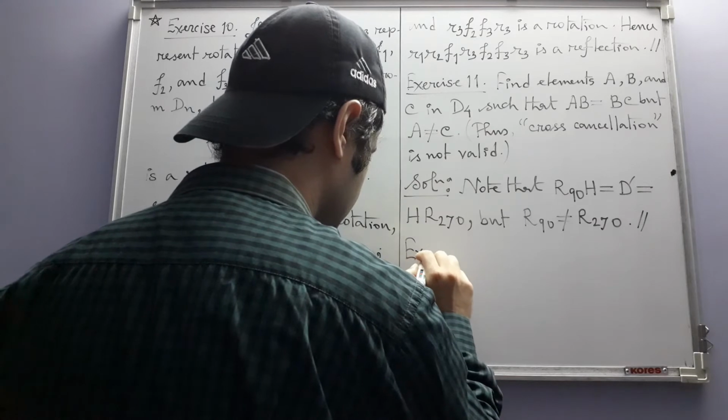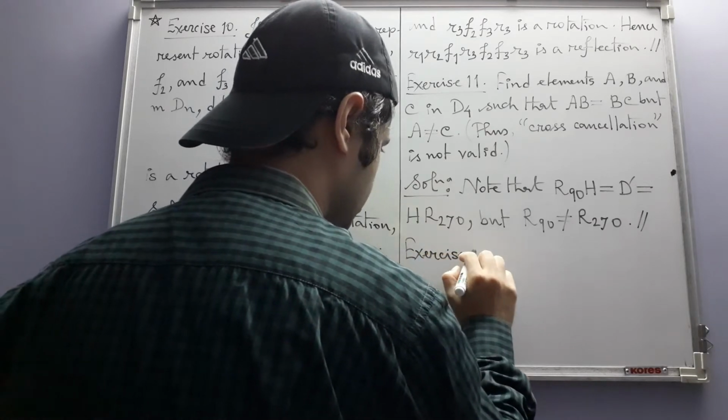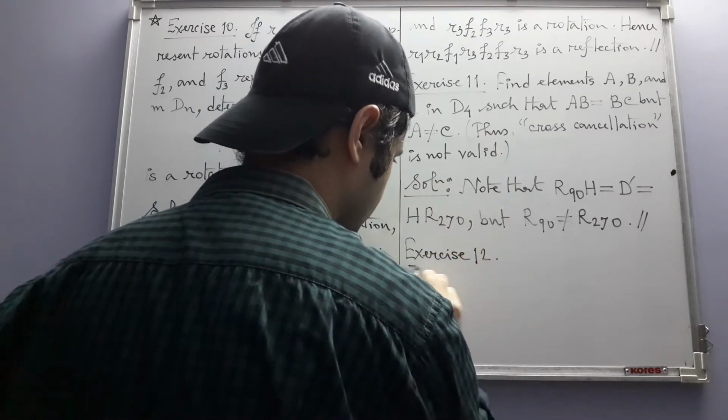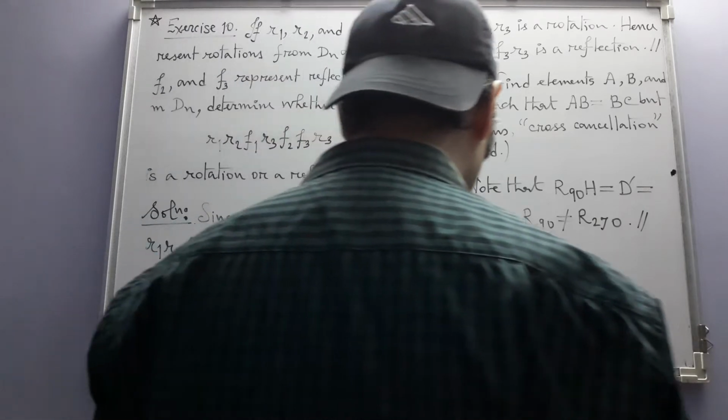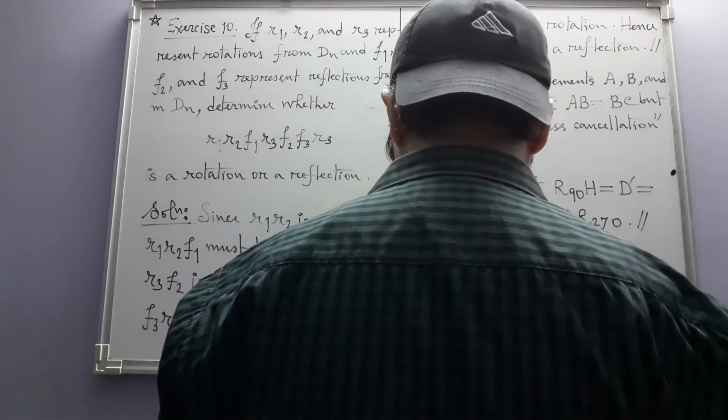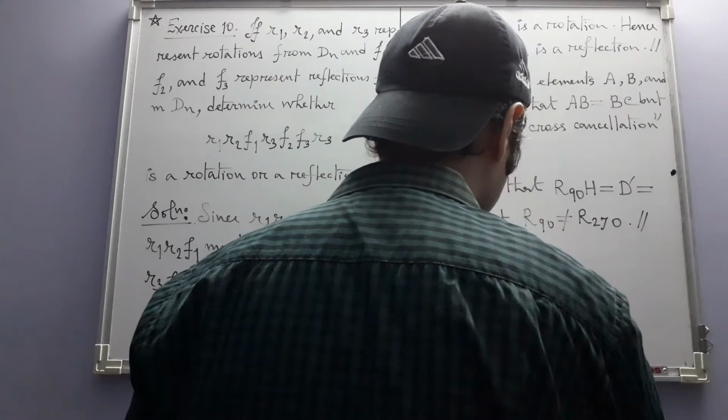Then exercise 12. Explain what the following diagram proves about the group Dn.